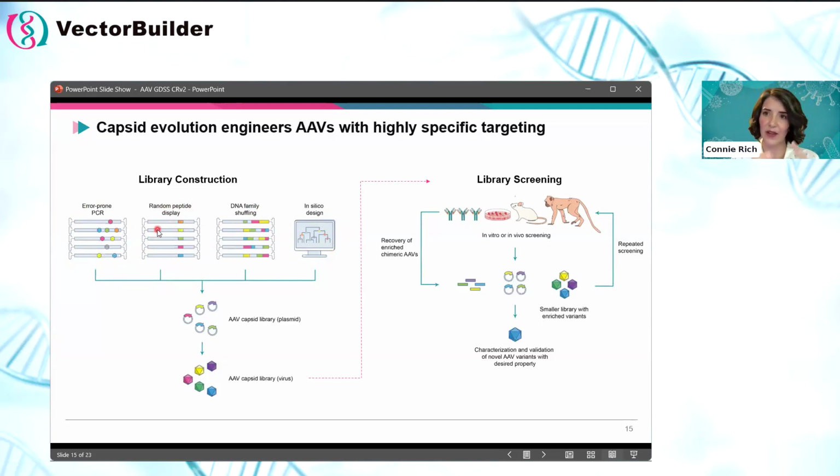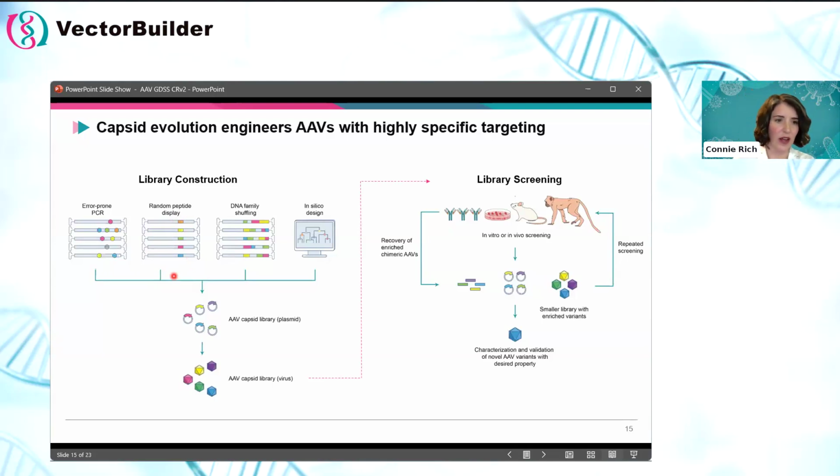This is where we take random peptide sequences, usually between 7 and 9 amino acids, and place them in a region of the capsid gene that we know is important for regulation or for interaction with our host cell. This has actually been done before for AAV2.